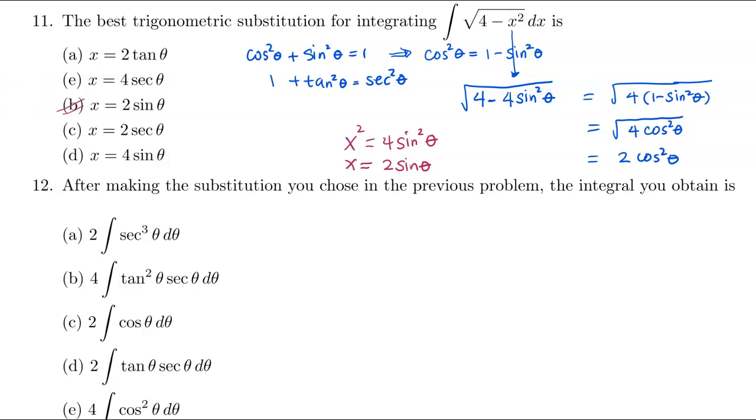After making the substitution you chose in the previous problem, that is in problem 11, the integral that you obtain is... So there would also be a question like this. After making an appropriate substitution, given something like this, you're asked to make an appropriate substitution.